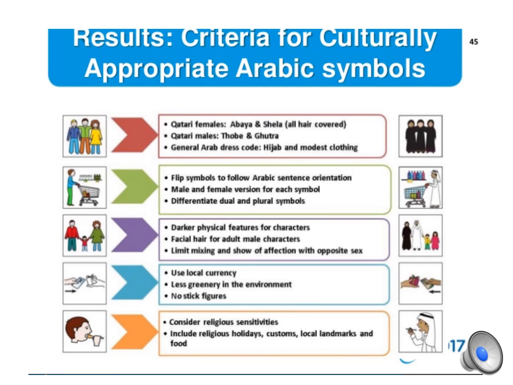We don't show symbols of men and women holding hands or touching each other. There are some other examples there that I hope you'll take a look at, but there's lots of ways that symbols need to be adapted based on culture.